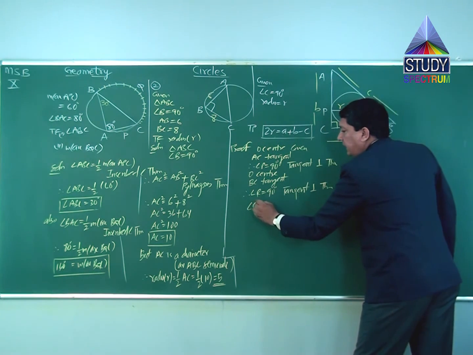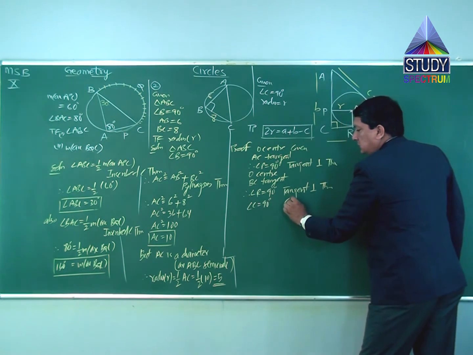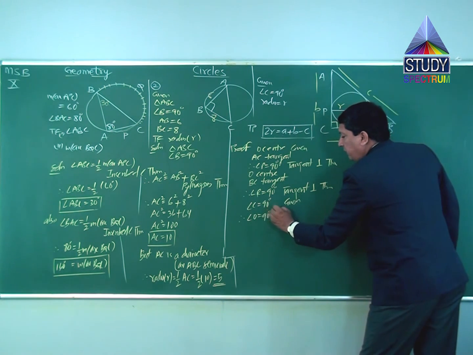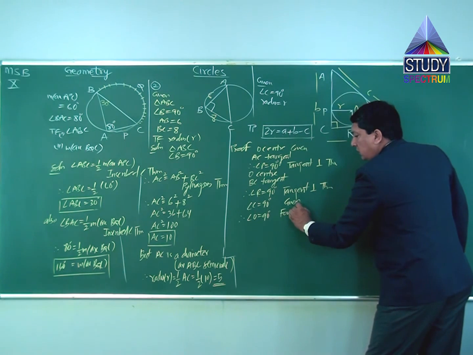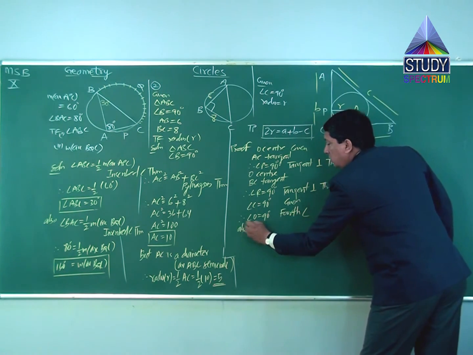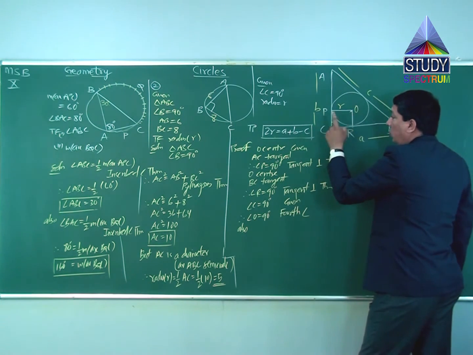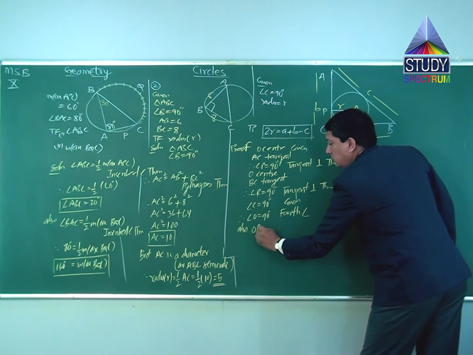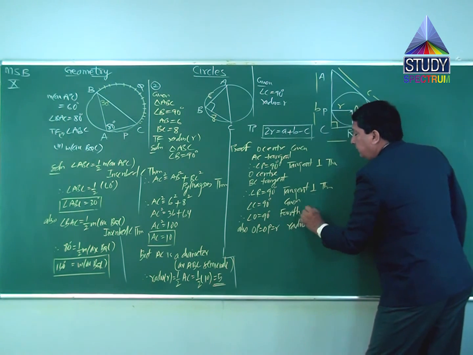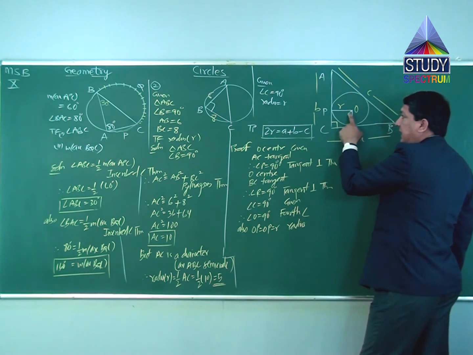Angle C is 90 degrees, given to us, therefore angle O will also be 90, the fourth angle of a quadrilateral. Also, OP is equal to OR is equal to R, that is the radius of the same circle. The result is all angles are right angles, adjacent sides congruent.